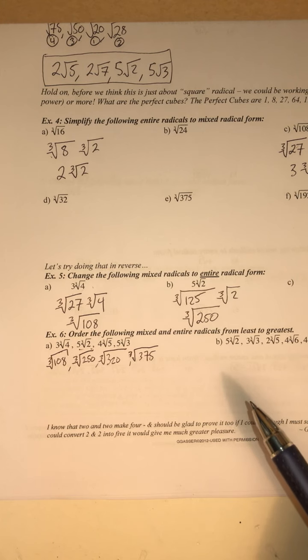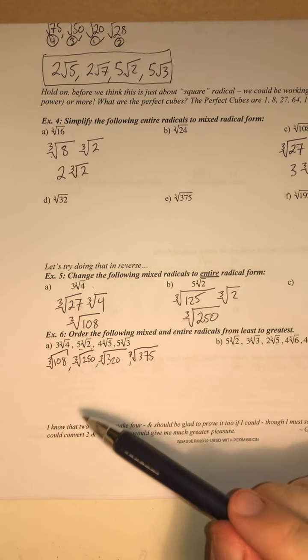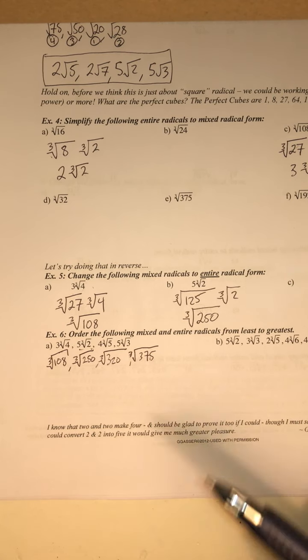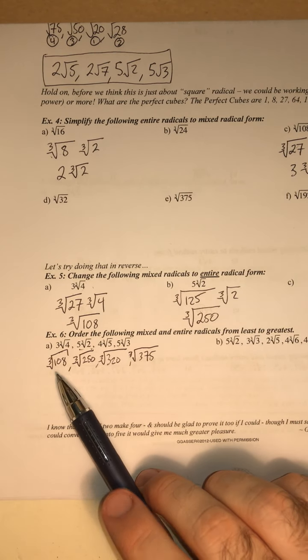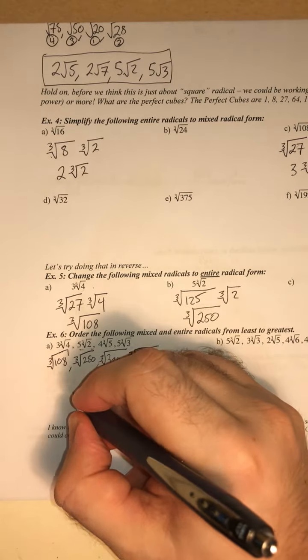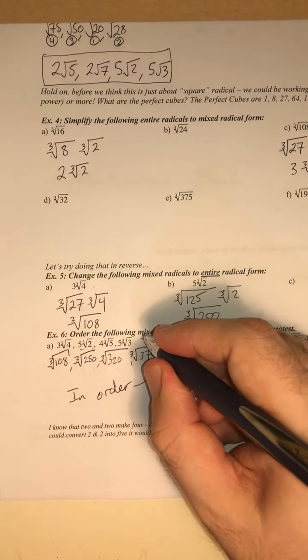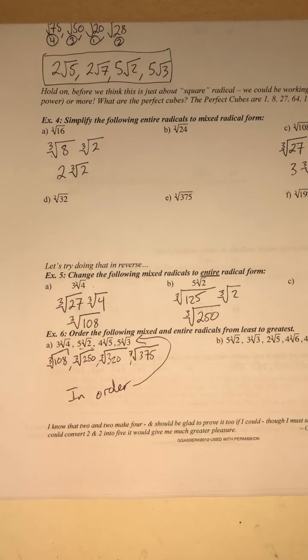You can write the steps if you want. But I need to see that you've put them into the entire radical to see the process. And in this one, notice it's actually in order. So this one is in order already. I can just leave it. So that is this section.